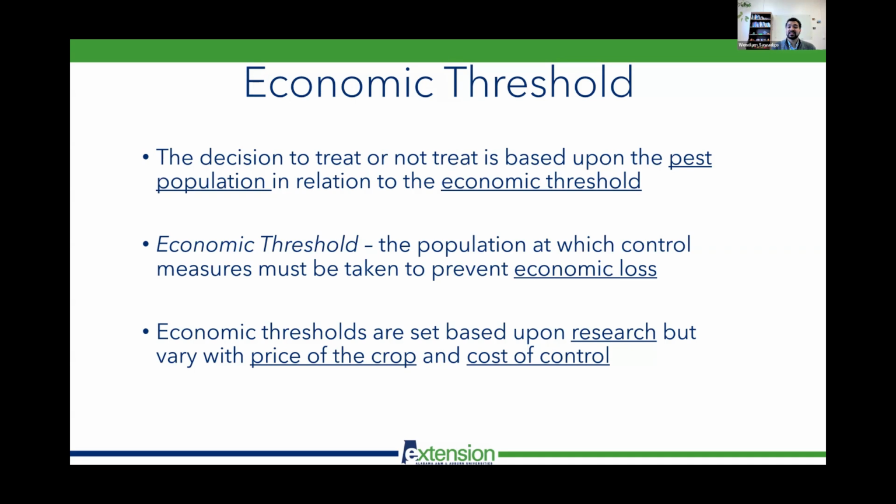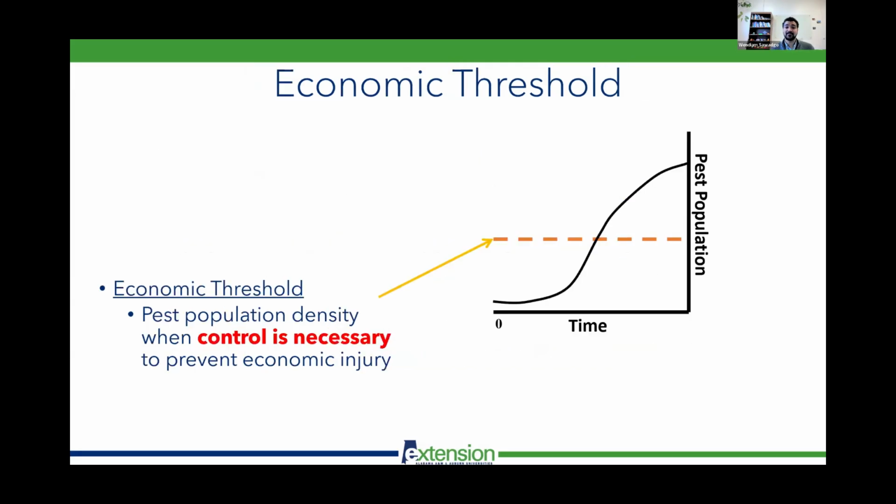If the price of corn goes up to, let's say, $7 instead, that's an additional $2 per bushel, or an additional $120 per acre. So if corn is worth $120 more, we're going to be more willing to save any corn from being damaged. Whereas if corn price is lower, we're going to be less willing to take action. So those are just some examples of how prices affect the economic threshold.